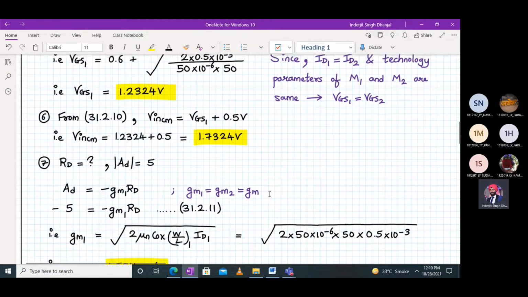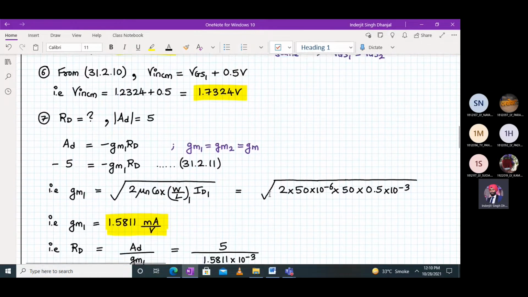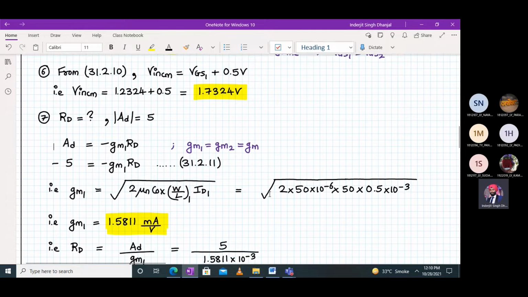Yeah. What are you all getting the value of GM1? Is it equal to 1.5811 milliampere per volt? Please check this number. If you are getting anything different than that, please let me know. So in the meanwhile, I'll proceed.